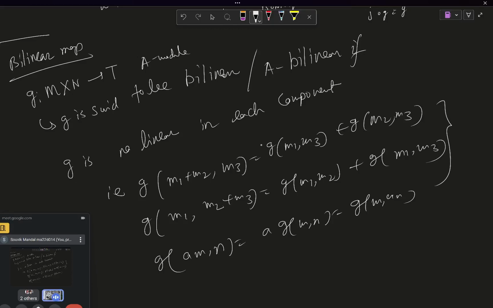If these relations hold, then G is said to be a bilinear map. This is what the bilinear map means. Understand?